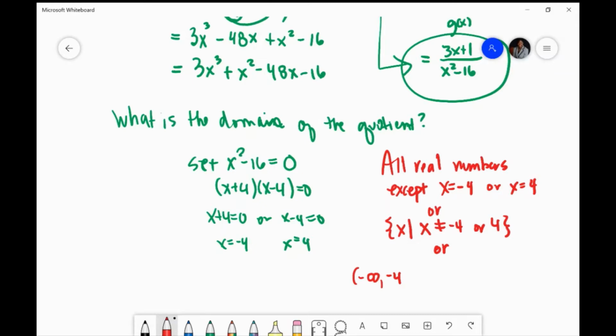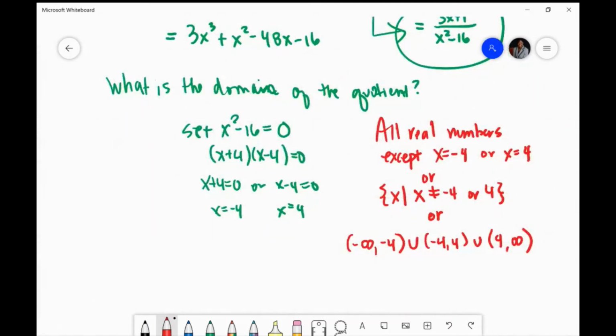I'm going to say a parenthesis. Yep. Then the union sign, and then you put negative 4 to 4, another parenthesis, and then another union sign, and then you put 4 to positive infinity. Very impressive.